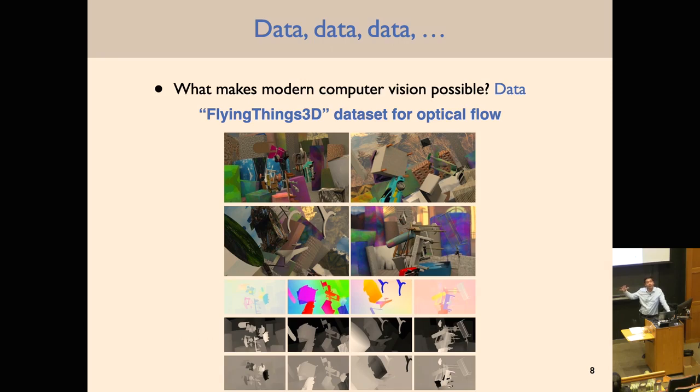Put a camera on the side and see what different motions correspond to in terms of video. That's one way to do it, but it's pretty data intensive. Here you can generate lots and lots of videos of random objects doing random things, and this seems to work reasonably well for optical flow.